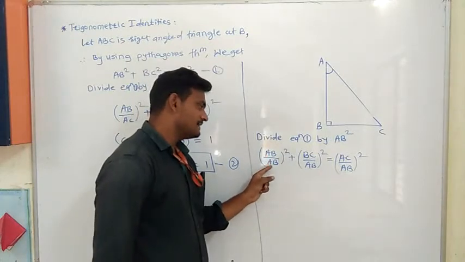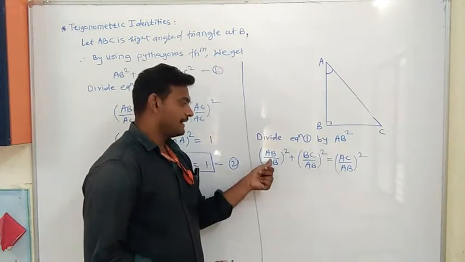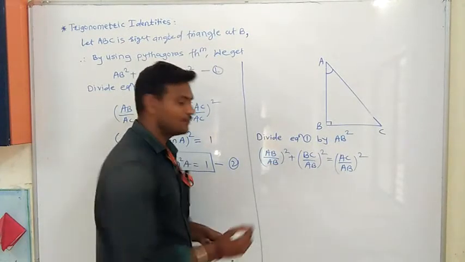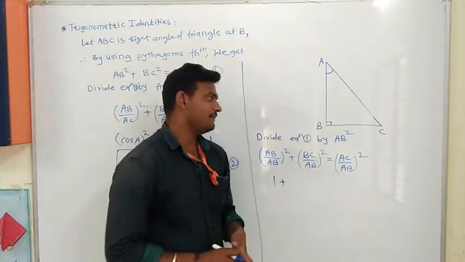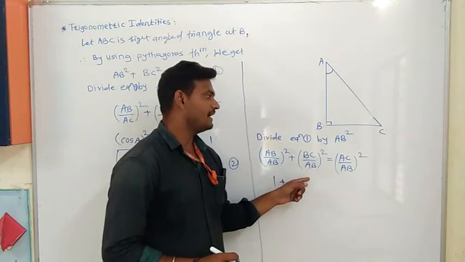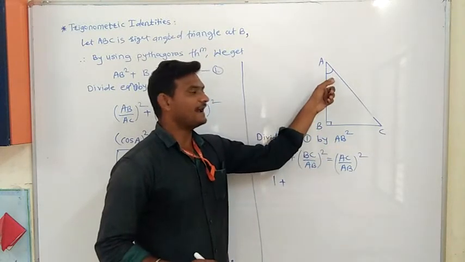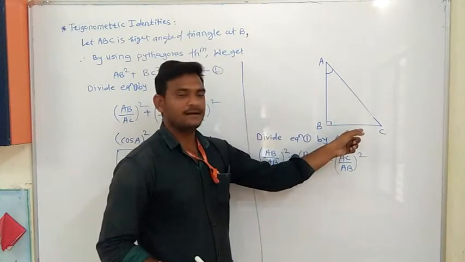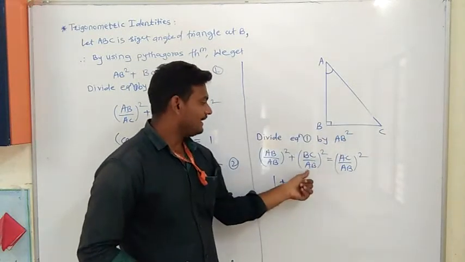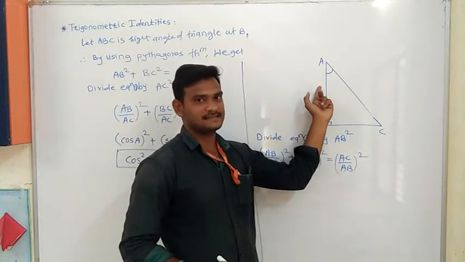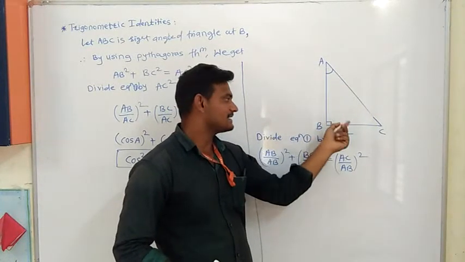Now see here, this AB gets cancelled. Here 1 will remain. 1 square is 1 only. Then (BC/AB)². With respect to angle A, BC is the opposite side and AB is the adjacent side.